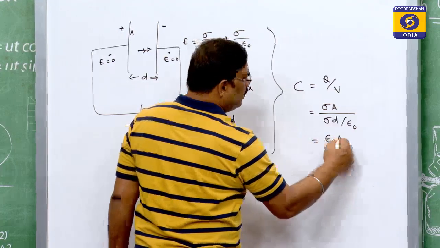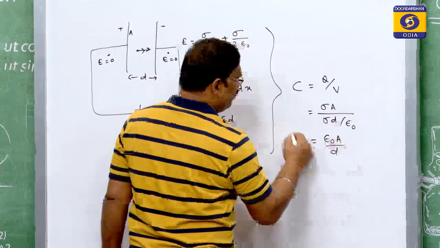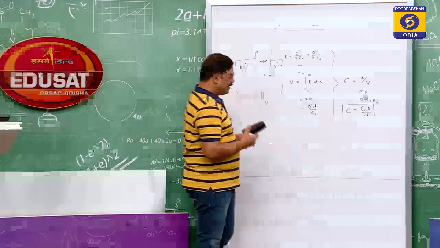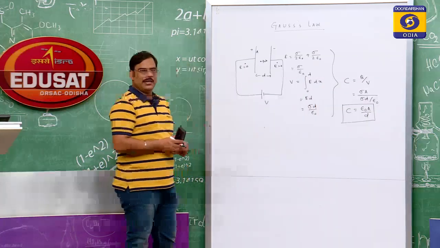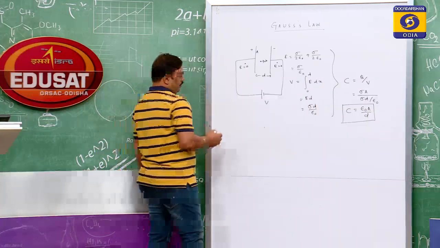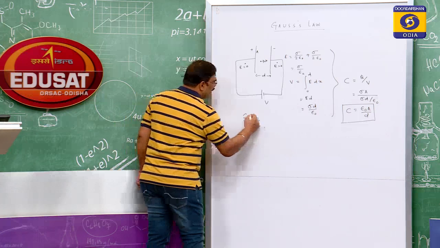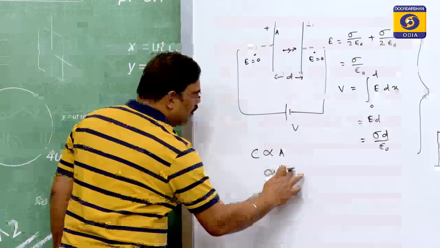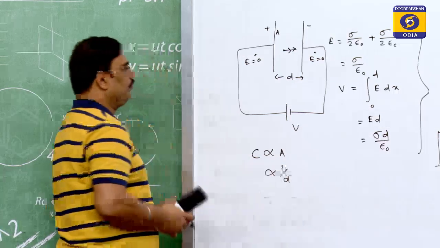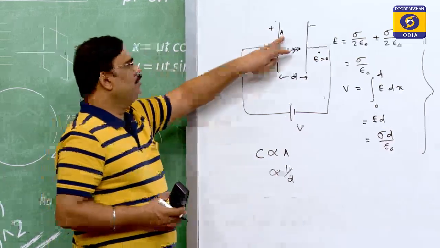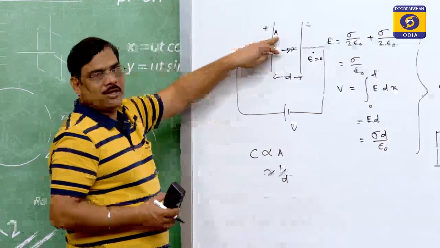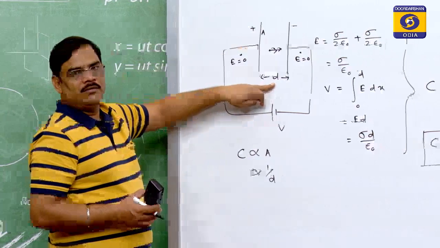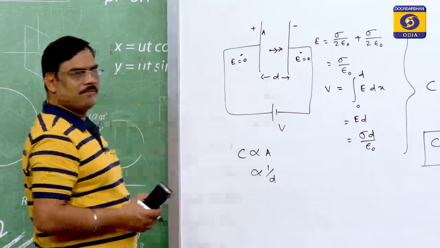So, the capacity C equals epsilon 0 A divided by d. What we see is that C is directly proportional to A and inversely proportional to the plate separation. This means the more the plate area, the more the capacity. The smaller the distance between the plates, the more the capacity.